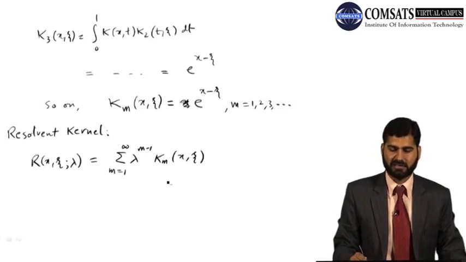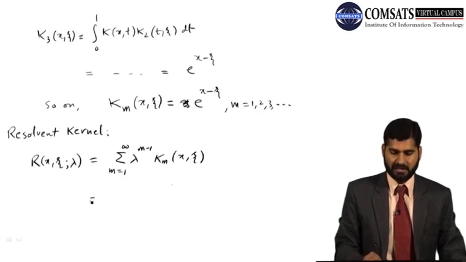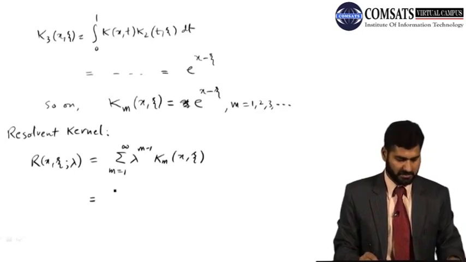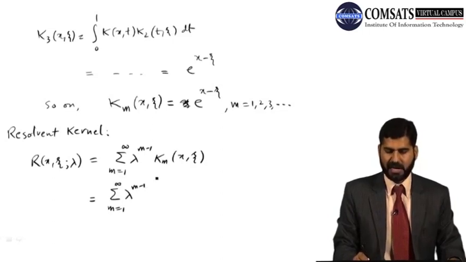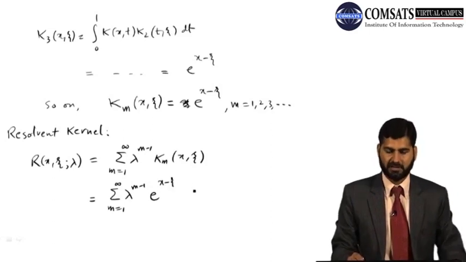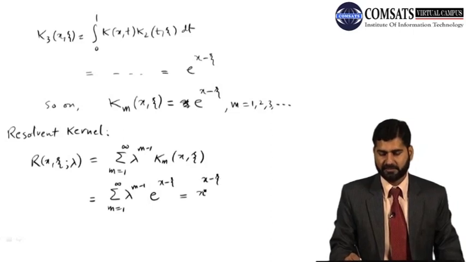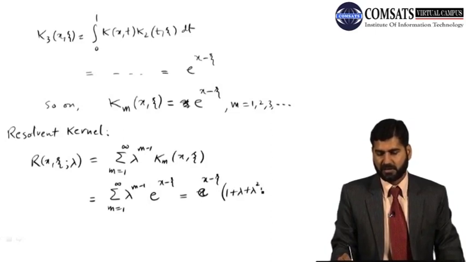This is the formula for the resolvent kernel. Our kernels Km are all e to the x minus xi. So basically e to the x minus xi is common, and you are getting 1 plus lambda plus lambda square plus so on.